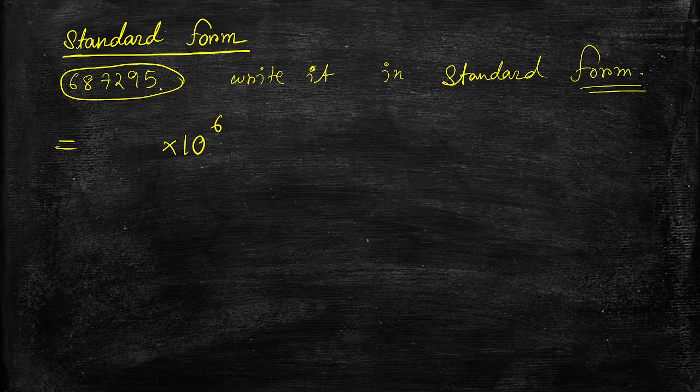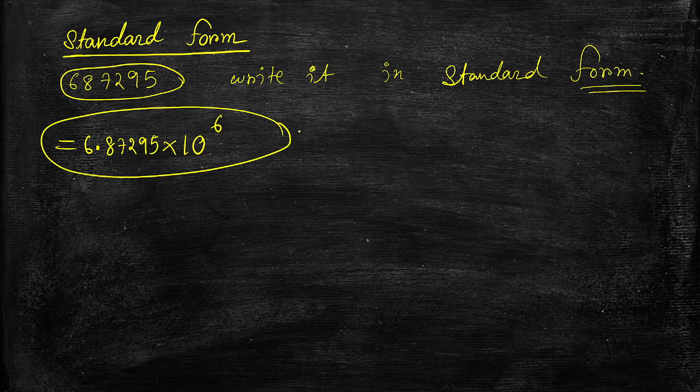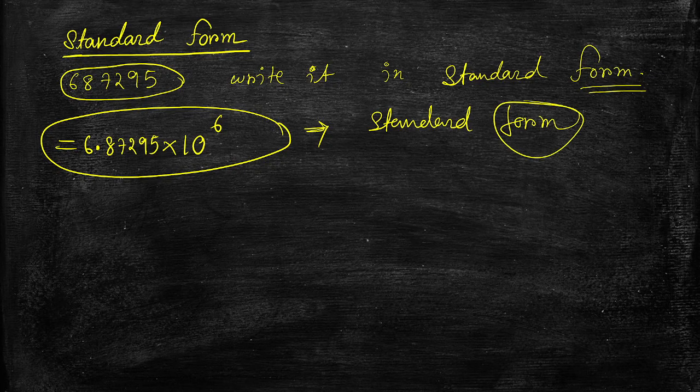So from left to right, the first digit is 6. So here we add a decimal and rewrite the whole thing: 6.87295 times 10 to the power 6. This is the answer of the standard form. This is the standard form. Got it?